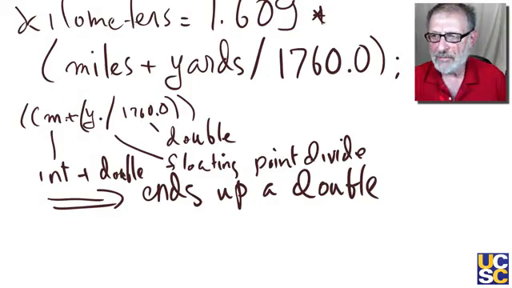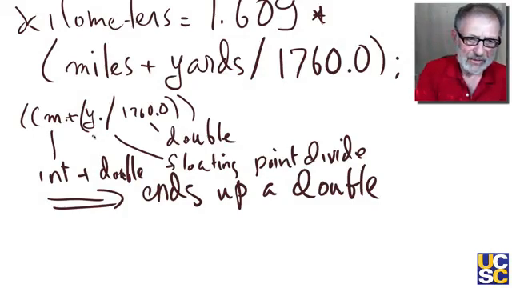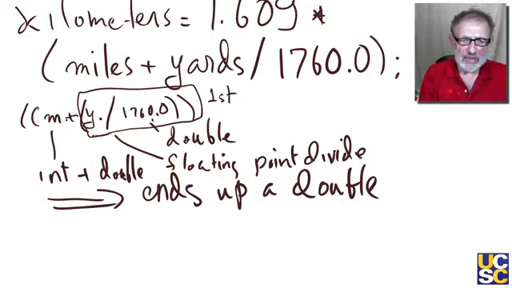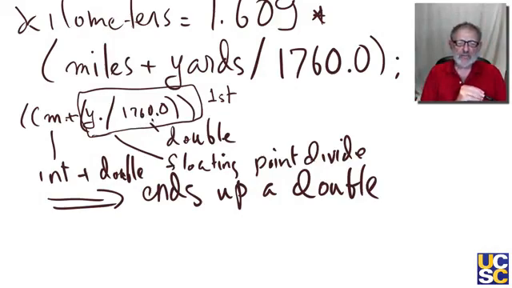So the first thing that gets done is 7 divided by 1760. And the reason that we were careful about this to be a double is that if we had this as 1760, it would have been an integer divide. But when we make it 1760.0, it's a floating point divide.